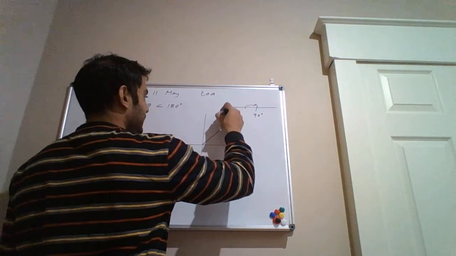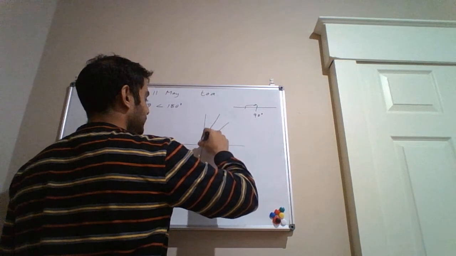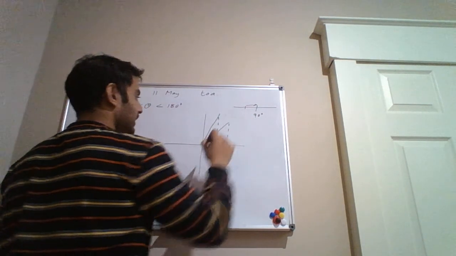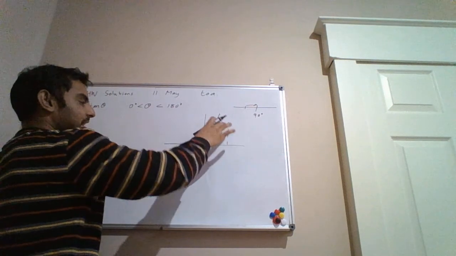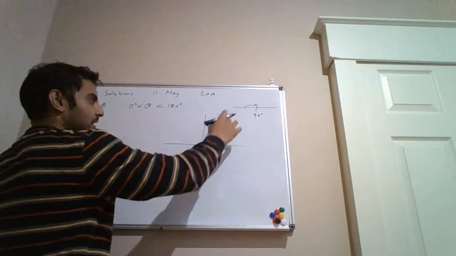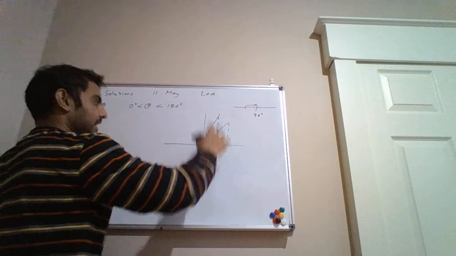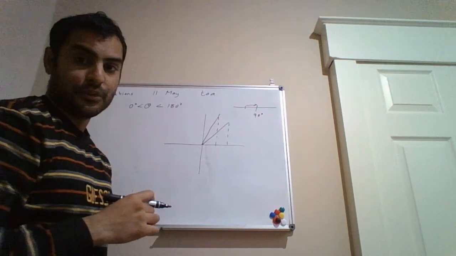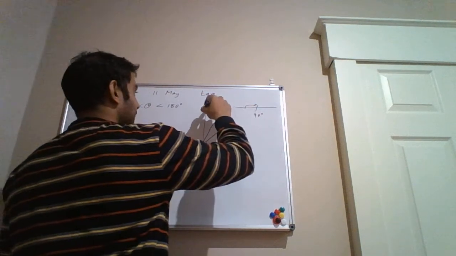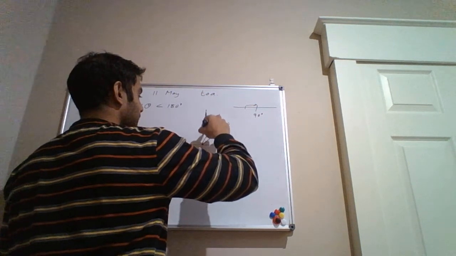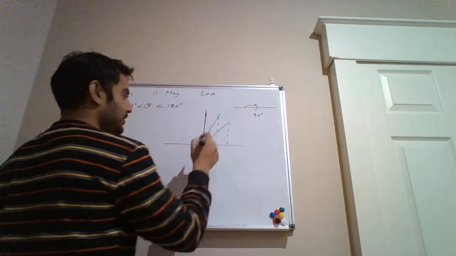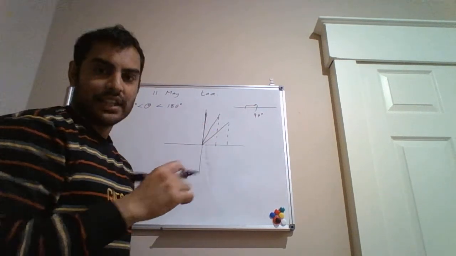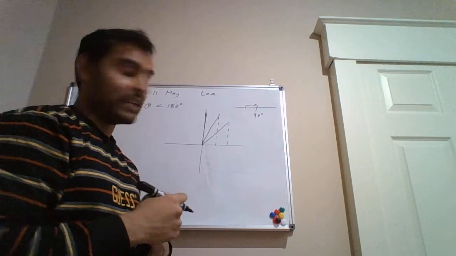So let's see how this looks. We can see that as we get closer to 90 degrees, our opposite is getting bigger and our adjacent is getting smaller. At 90 degrees on the dot, our adjacent is 0 and our opposite is the same length as our hypotenuse.